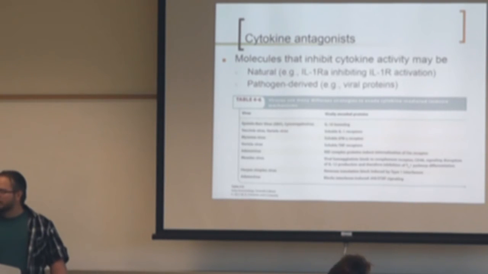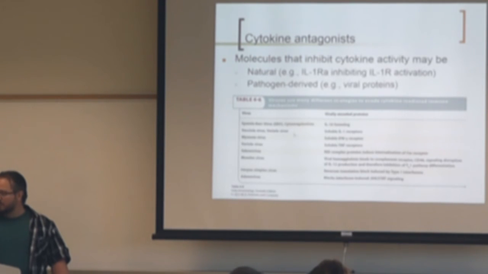Cytokine antagonists are another thing to keep in mind, that a lot of these cytokines have natural antagonists, like for example with IL-1, we have IL-1 receptor antagonist, which inhibits IL-1 receptor activation. There are viruses that have developed a lot of these antagonists, and a lot of these can also induce cancer.